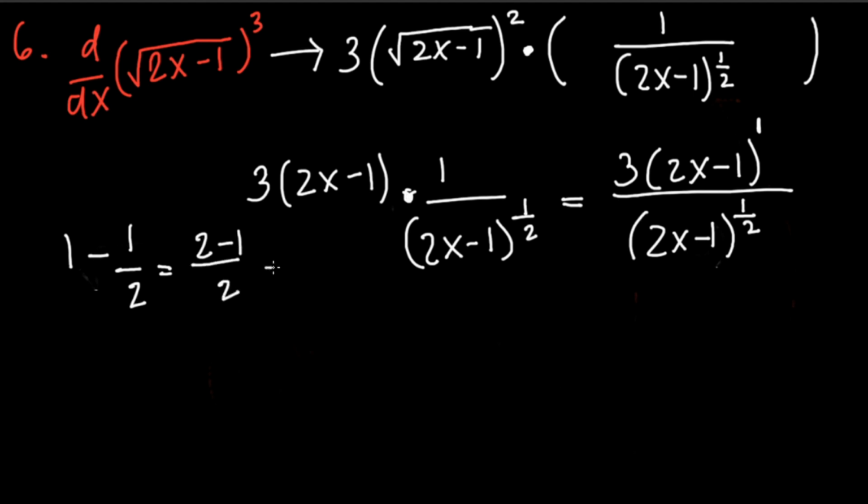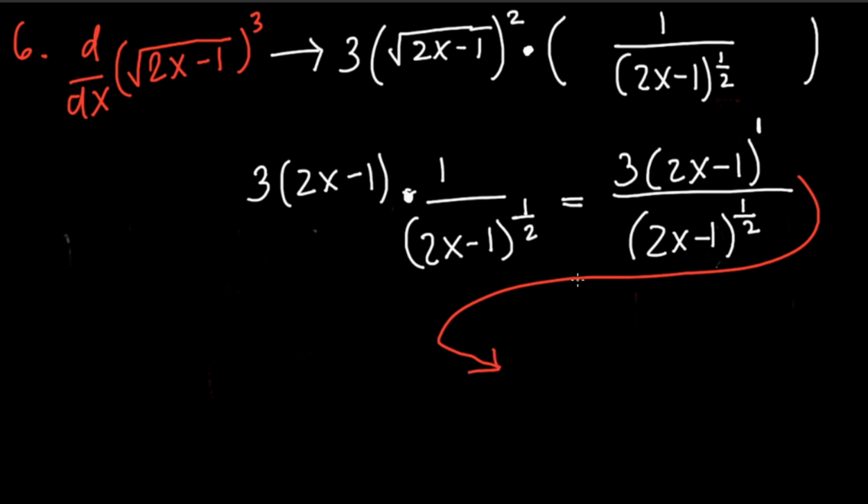Okay? So, ang final answer, ang pinakang final na sagot is 3 quantity 2x minus 1 raised to 1 half. Ayun na. Mabubura to. Kasi na-cancel siya. Yung 1 minus 1 half, ang sagot, 1 half.